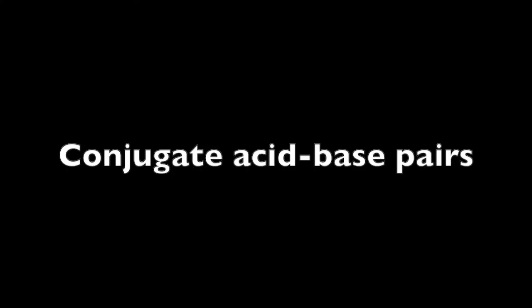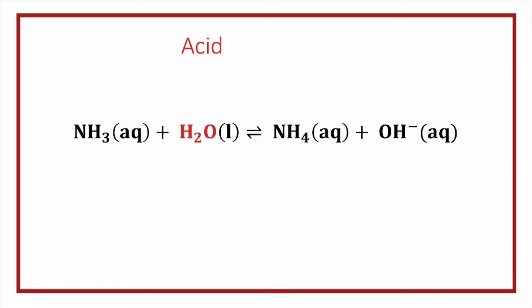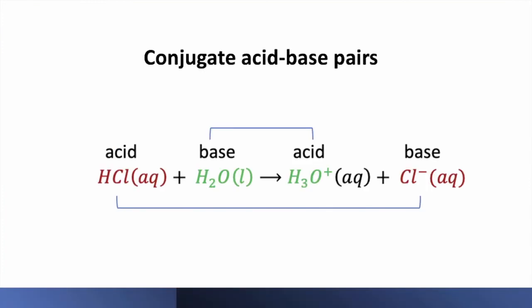Now let's talk about conjugate acid-base pairs. When an acid donates a proton, the species that remains is called a conjugate base. When a base accepts a proton, it is converted into a conjugate acid. Conjugate acids and conjugate bases come in pairs. They essentially have the same formula, though the conjugate acid has an extra H attached to it. So let's take a look at this reaction here.